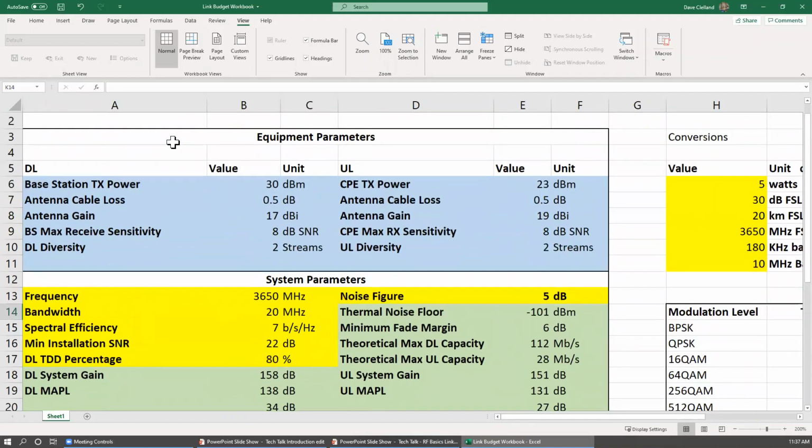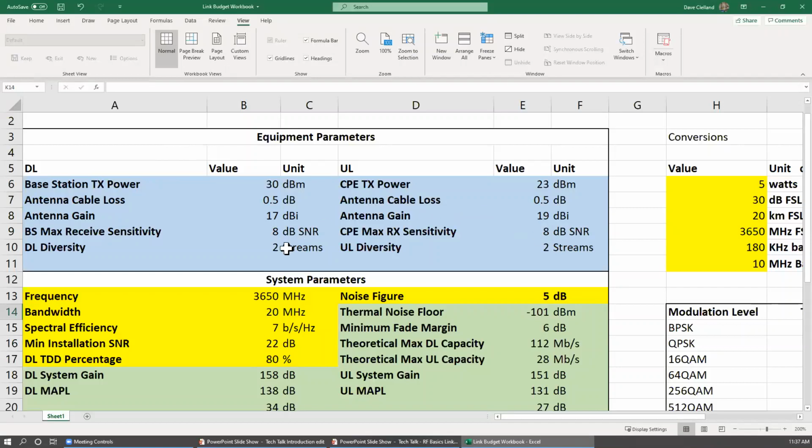So here I've created a worksheet with the parameters in blue that I want to use for the system gain calculation itself. You see I have base station transmit power, antenna cable loss, antenna gain, and a receive sensitivity number of 8 dB for the typical data rate that I've picked.